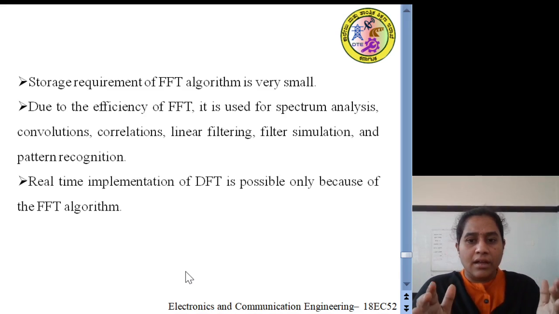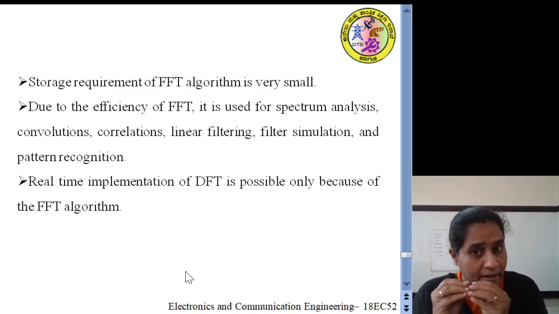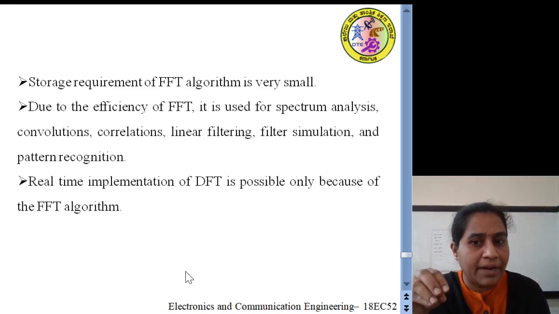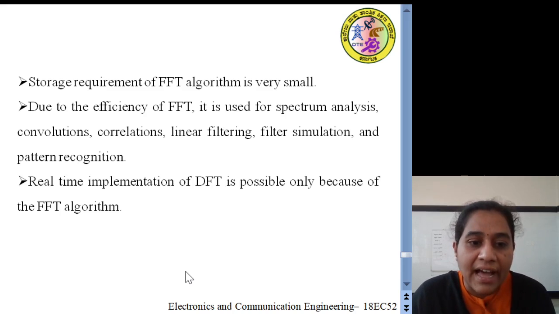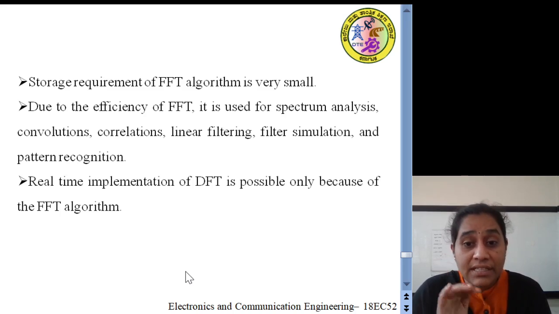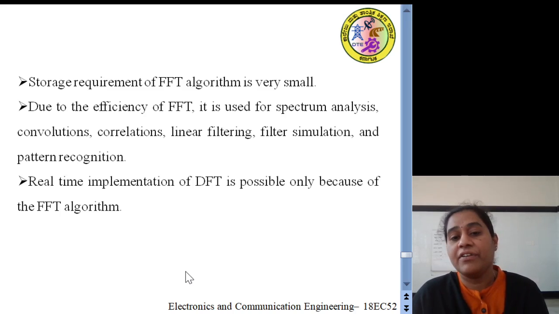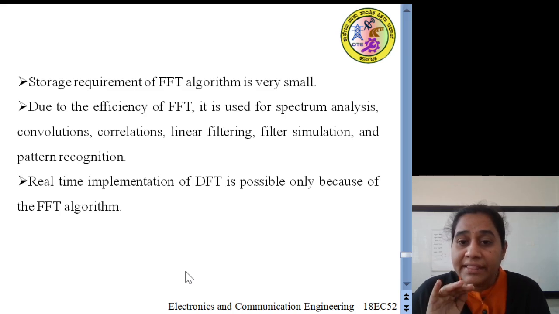We can highlight one point: real-time implementation of DFT is possible only because of the FFT algorithm. This is the speciality of the FFT algorithm that makes DFT implementation possible in real time.